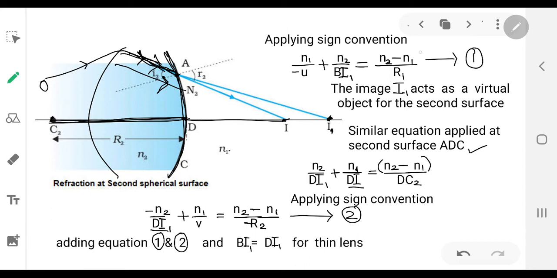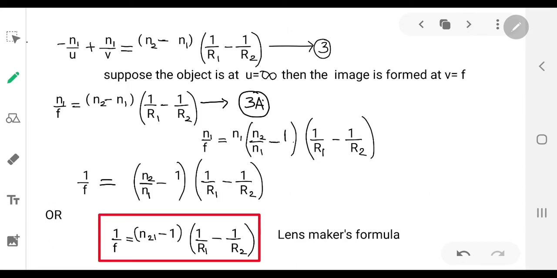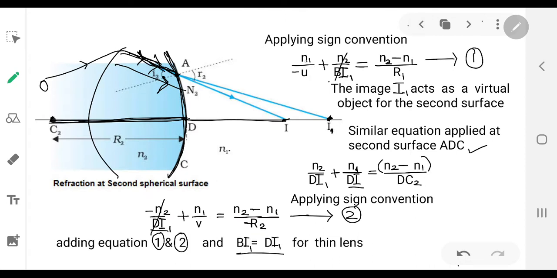So when you add equation 1 and 2, n2 by BI dash and minus n2 by DI dash, as we are equating it with B, both will get cancelled. What remains is n1 by minus u and n1 by v on the LHS.